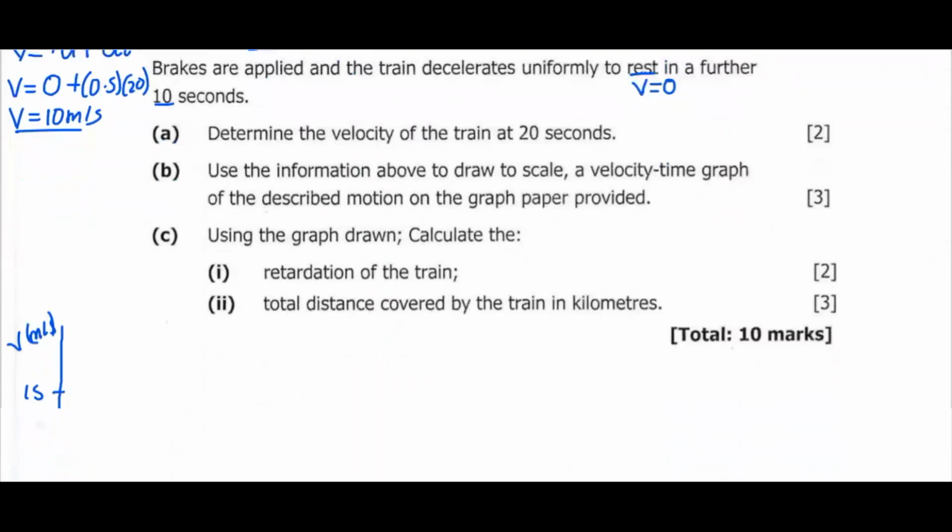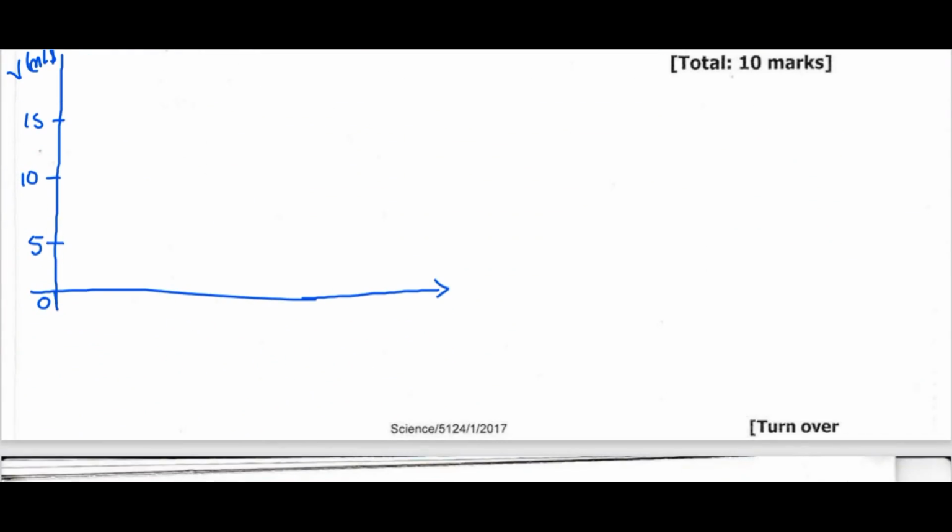So on the x-axis we need to reach 60. Just say 10, 20, 30, 40, 50, 60, time. Make sure that the scale you are using is equal for each.